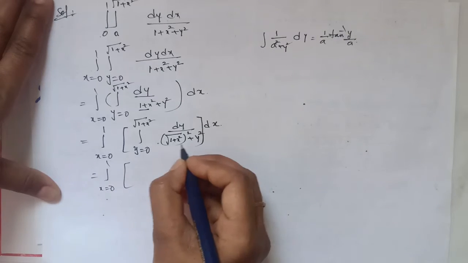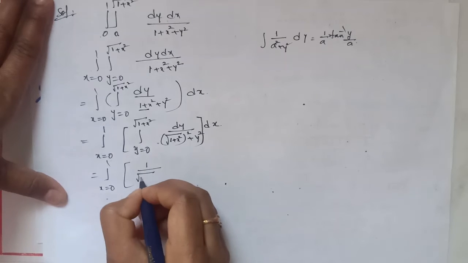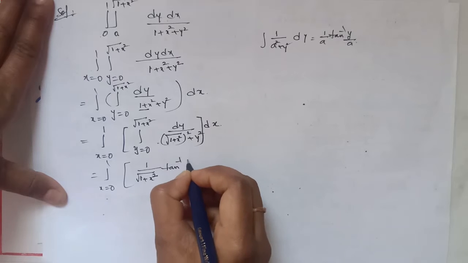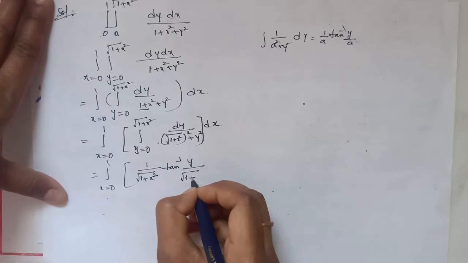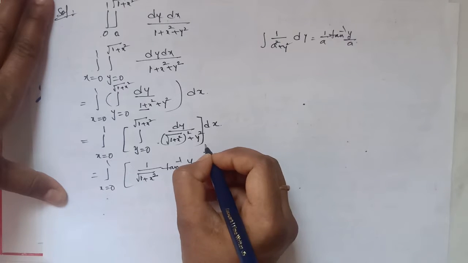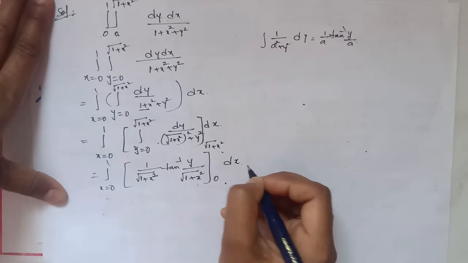So the integration is 1 by a, where a is equal to under root 1 plus x square, tan inverse of y by under root 1 plus x square. Limits for y are 0 to under root 1 plus x square, into dx.